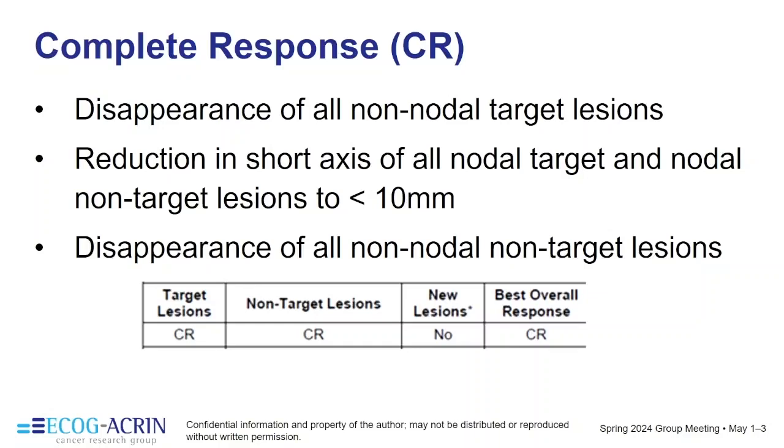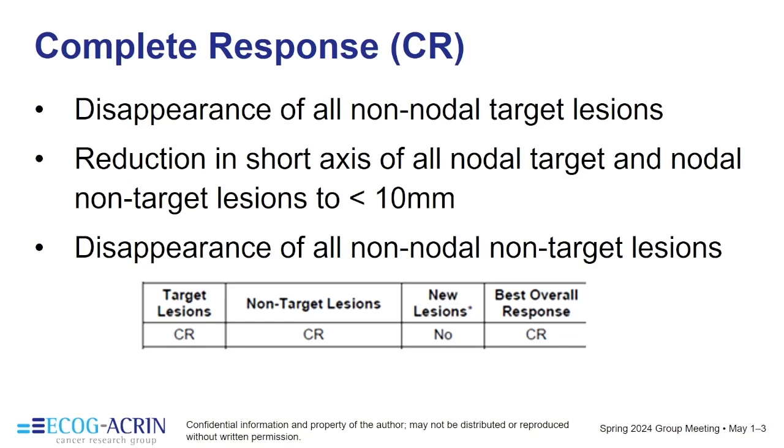So what does complete response mean? For complete response, we want the disappearance of all non-nodal target lesions, and a reduction in short axis of all nodal target and nodal non-target lesions to less than 10 millimeters.